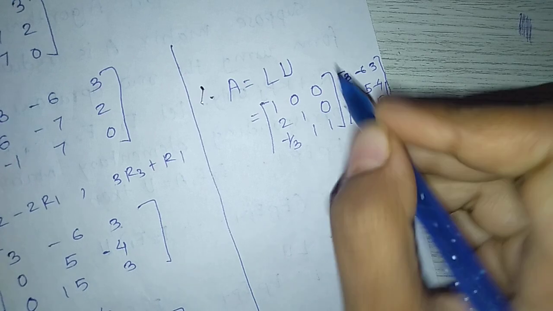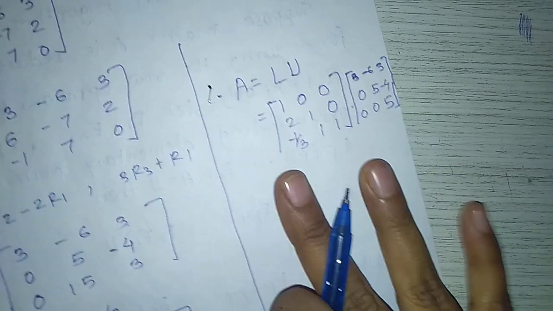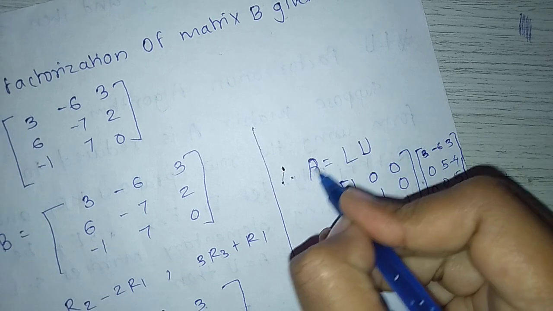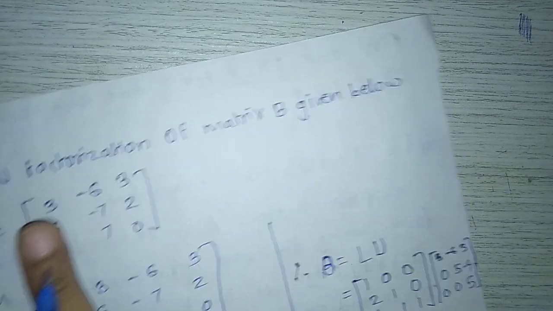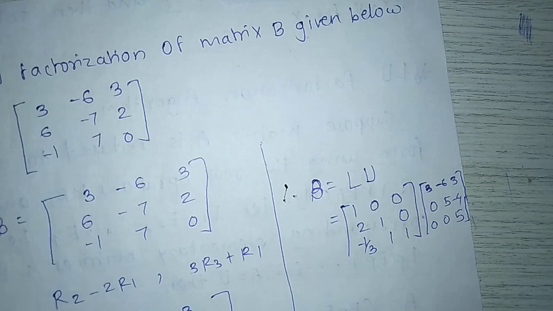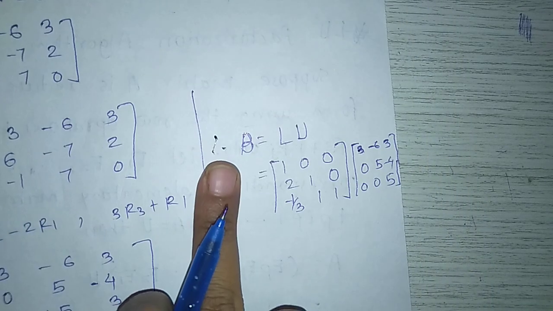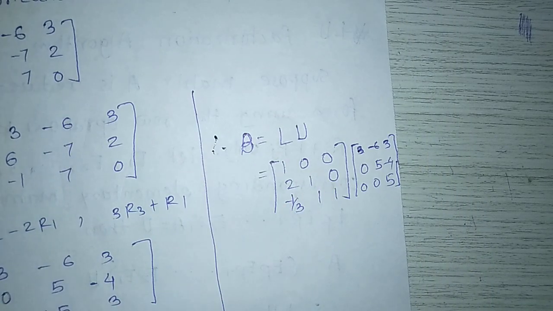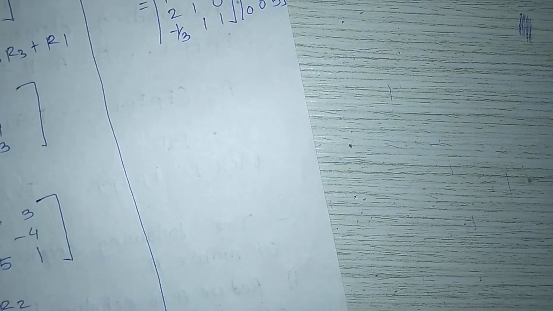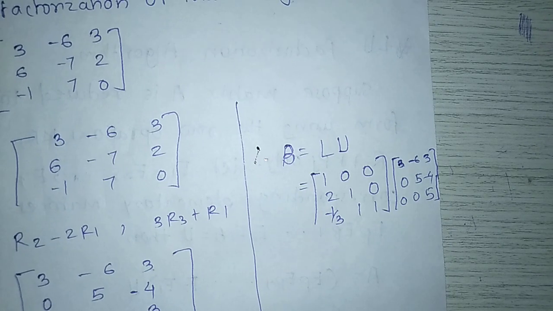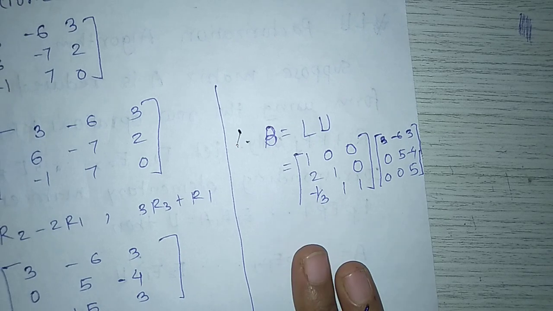When we multiply these two matrices, L into U, we get the original matrix B. If it is not equal to B, it means definitely you are making some mistake in finding L and U. This is your hint to check your answer.